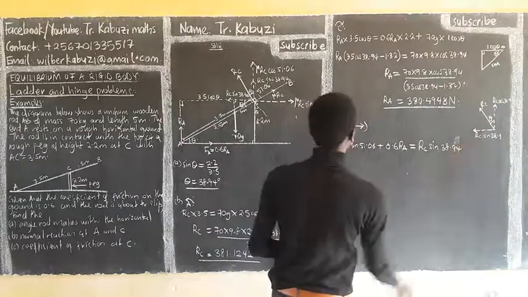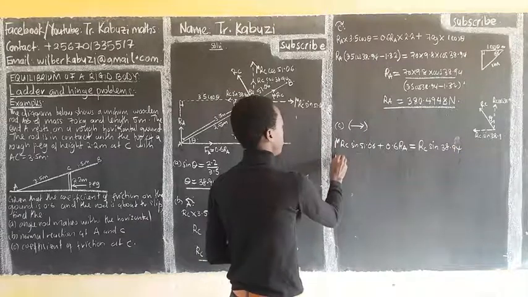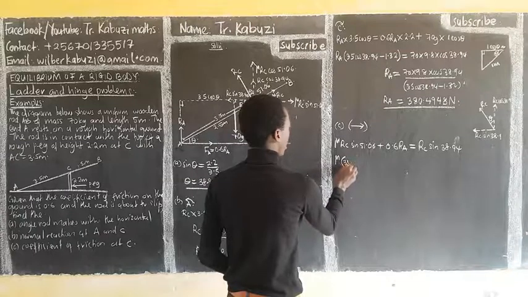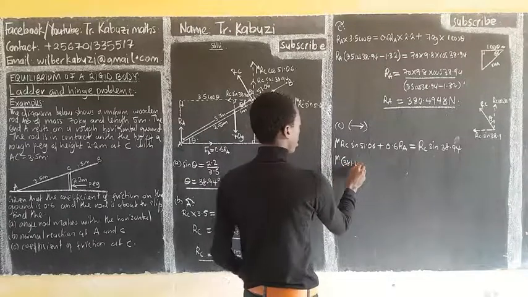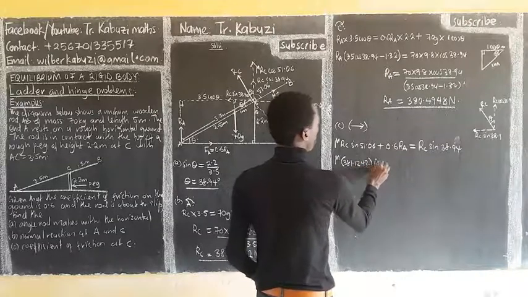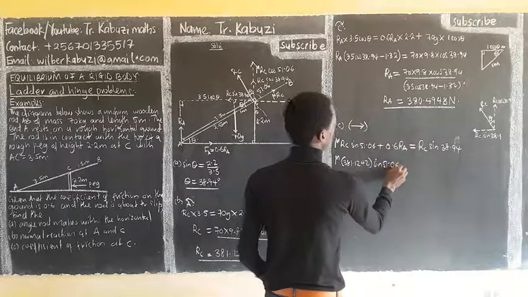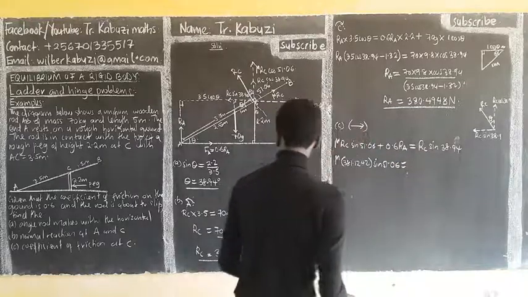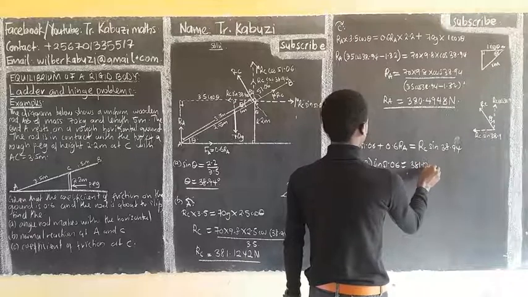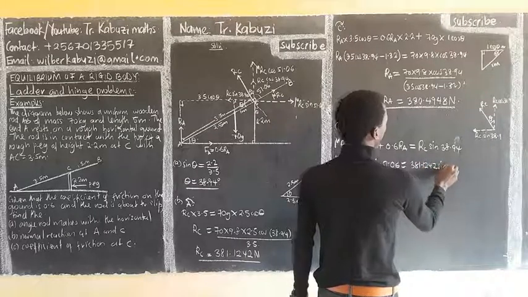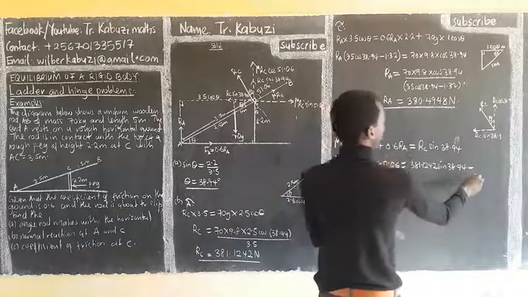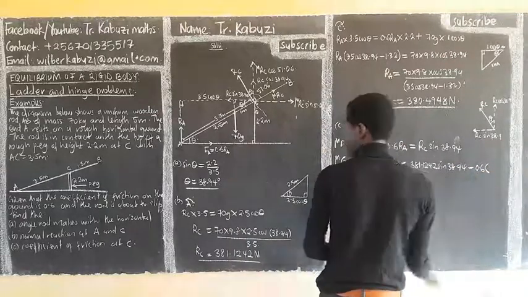So I take this side, then I put in here my mu into my RC, which is 381.1242, into sine 51.06, is going to be equal to my RC, the same 381.1242 sine 38.94. Then minus, when I take this side, 0.6 RA.